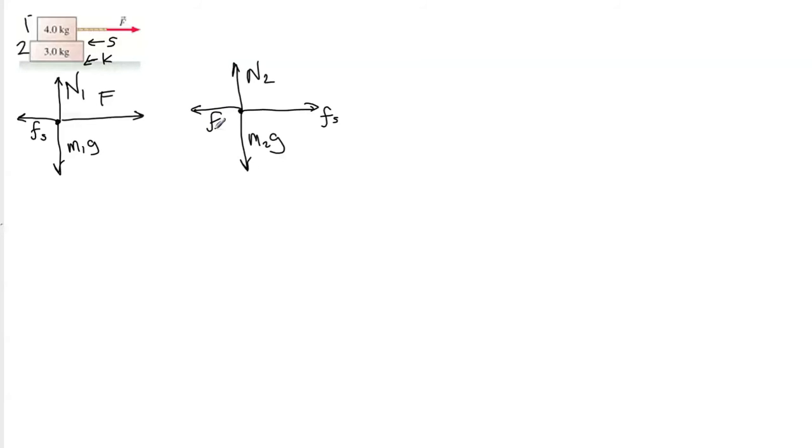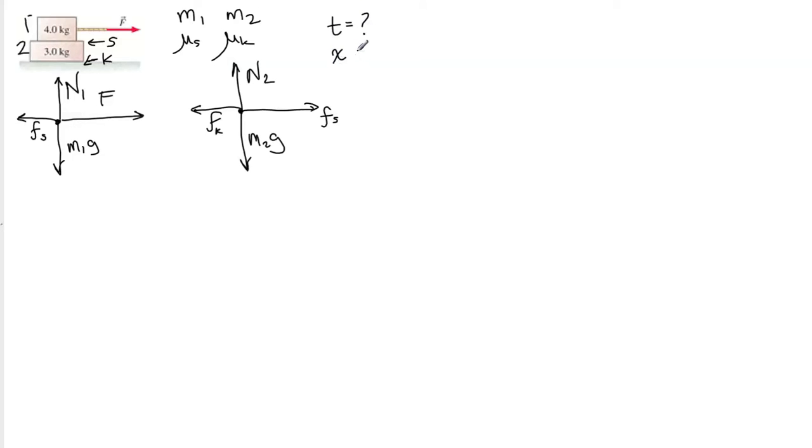Okay. Now, the problem told us M1 and M2. It told us the two coefficients of friction, mu sub s and mu sub k. And it's asking us for the time it takes to travel a certain distance x.